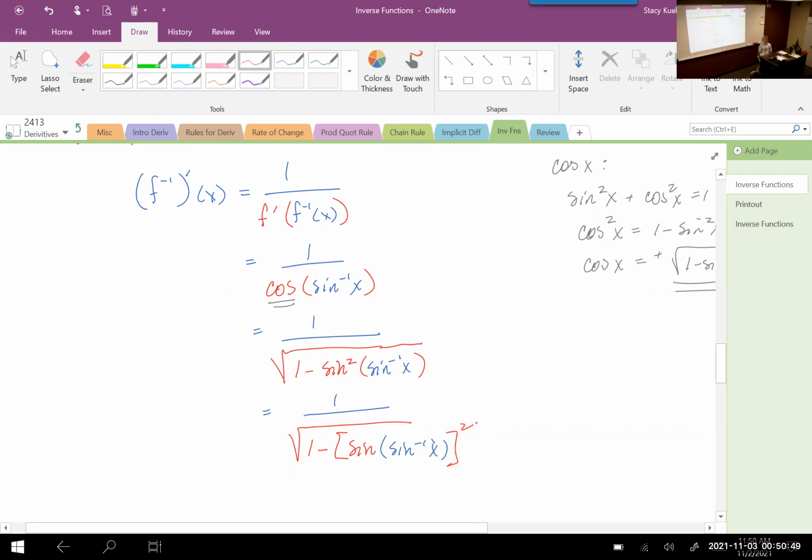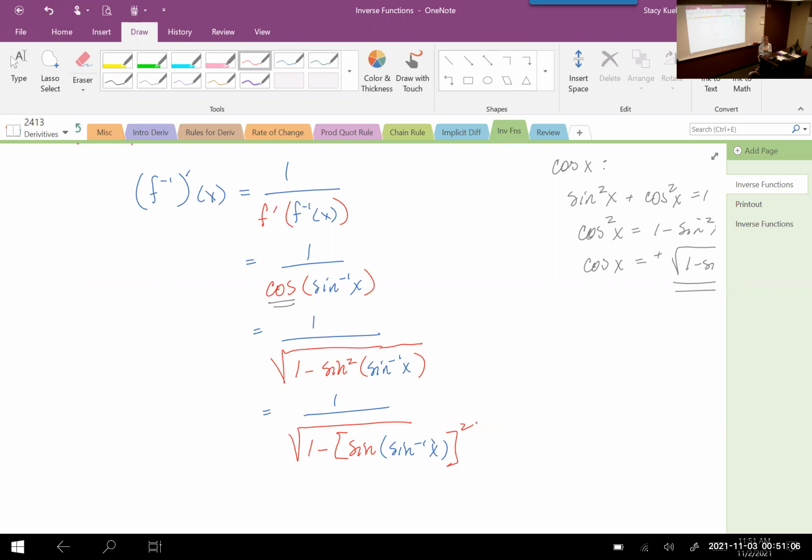Remember how we can take that square off of the trig? I'm going to take it off of the word sine and put it to the outside because I'm technically squaring the argument or the angle. So I just rewrote it that way so that we can see what's happening here.